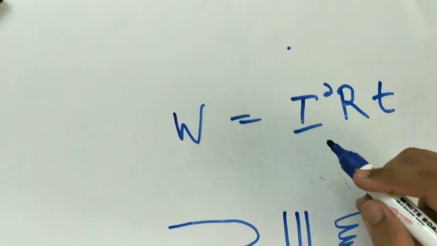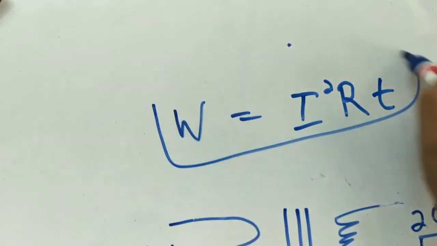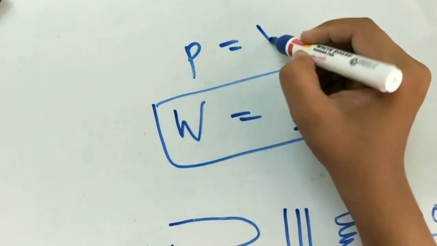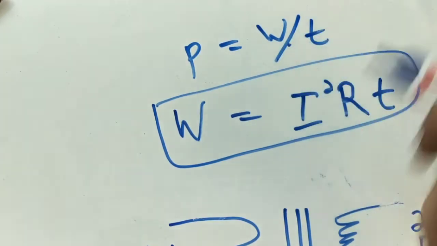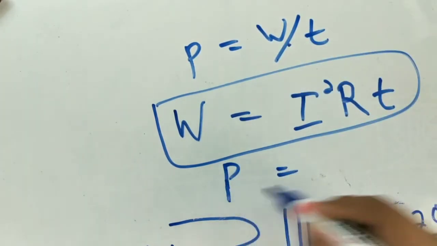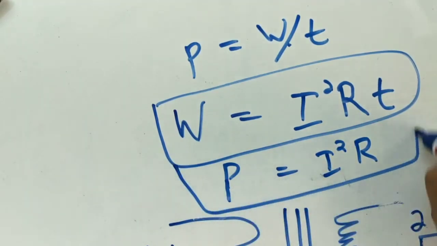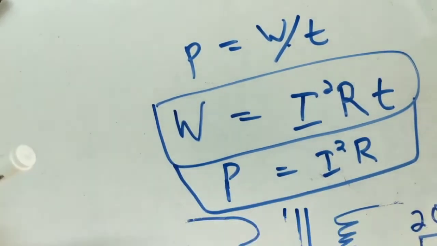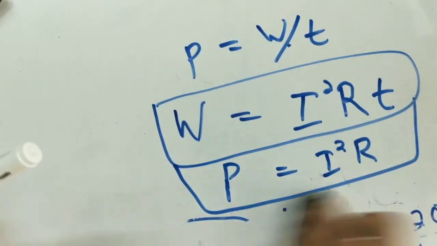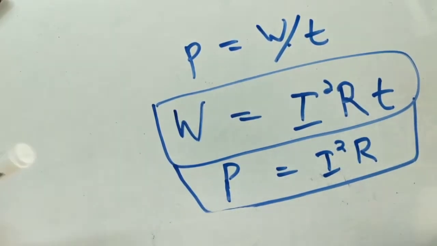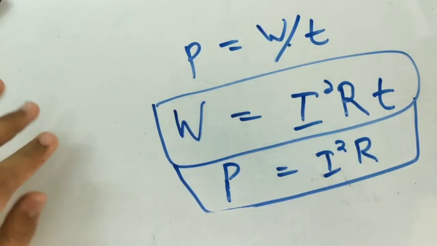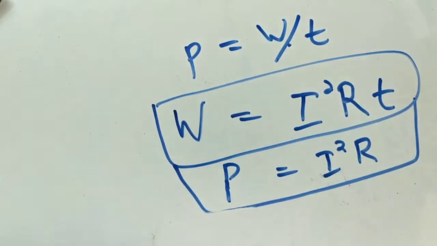As power equals work by time, P equal to I square R.